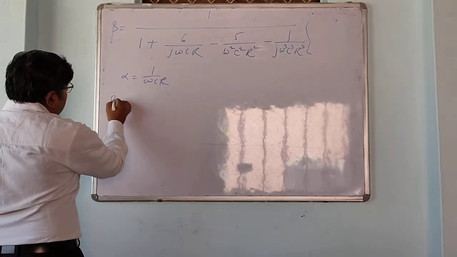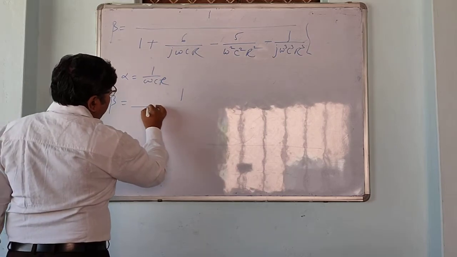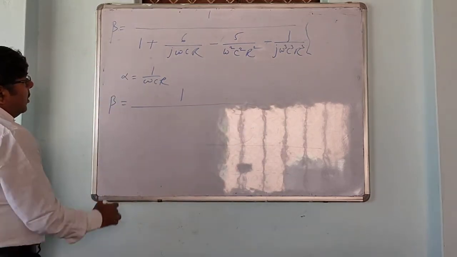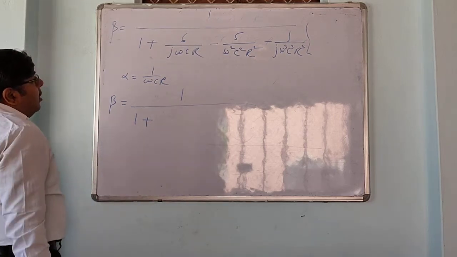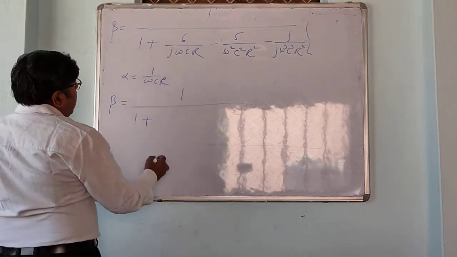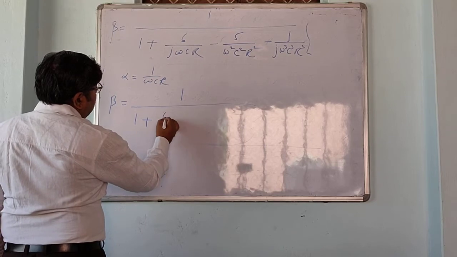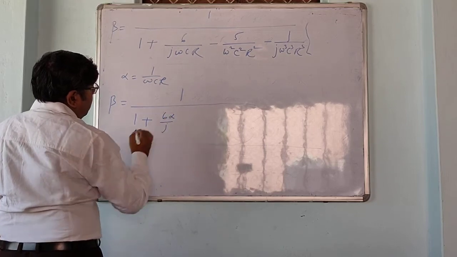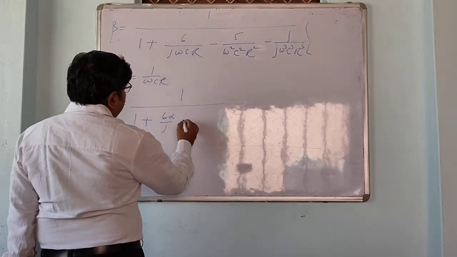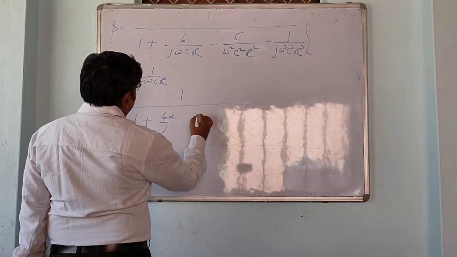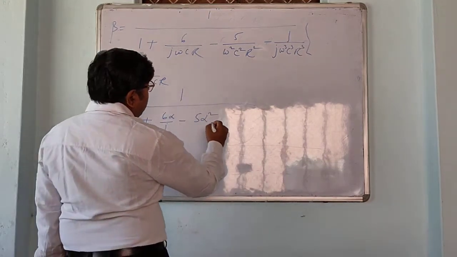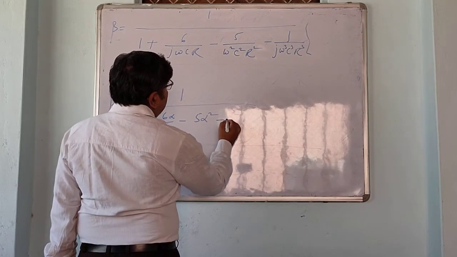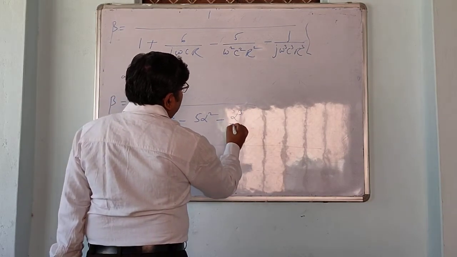Then beta equals 1 upon 1 plus 6 upon j, that is 6 alpha upon j, minus 5 alpha square, and that is minus alpha cube upon j.